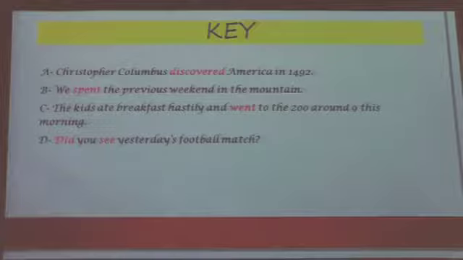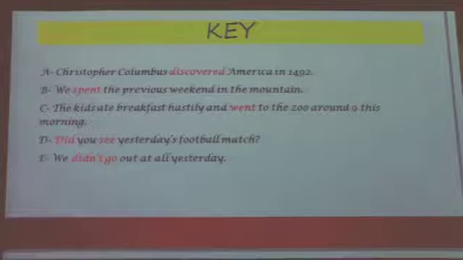And don't forget the question mark at the end of this sentence. Now the last one, E. So here you need to put the verb in the negative form. Okay, it's going to be a little bit different. So here you are. We didn't, the auxiliary to do in the simple past, negative form, plus the bare infinitive form of the verb. So we didn't go out at all yesterday.